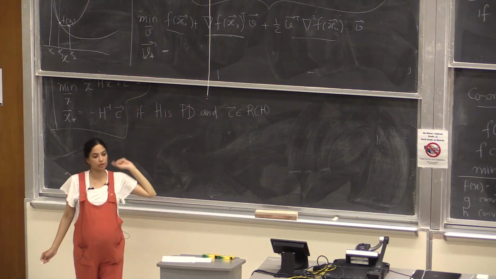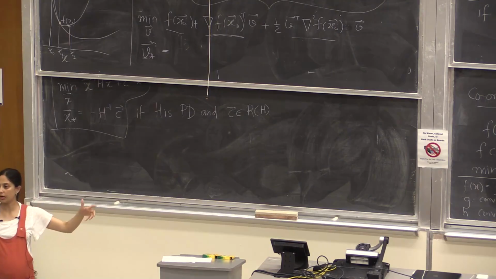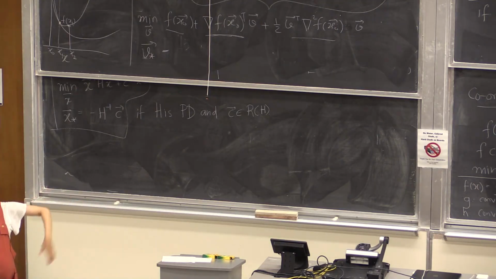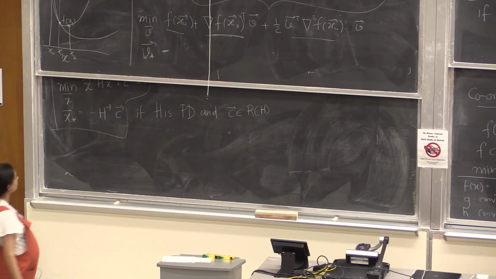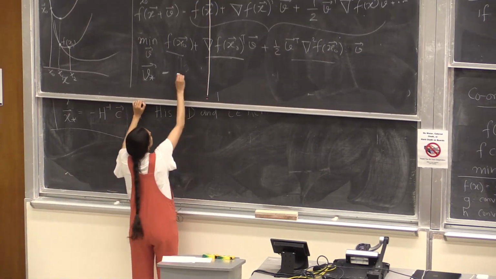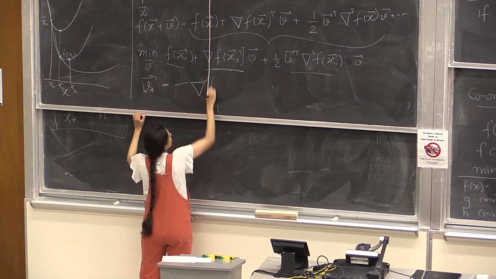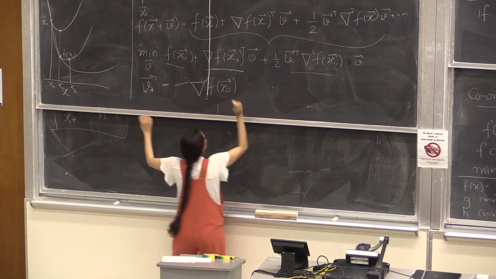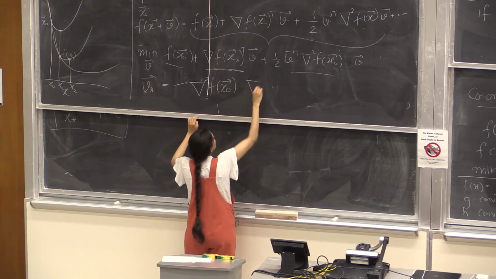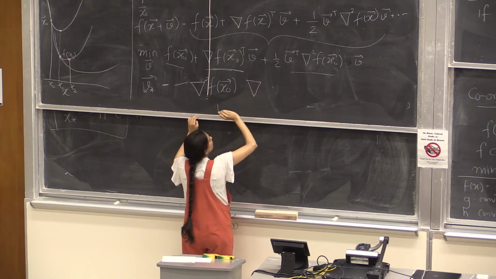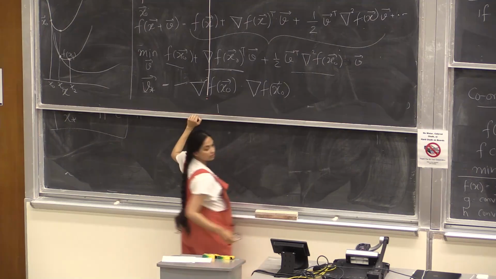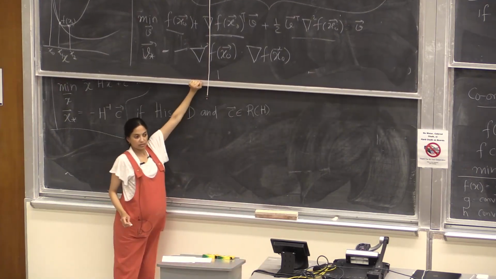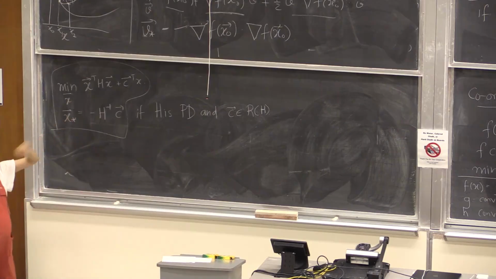I'm now minimizing this function here. Is this an unconstrained quadratic? Assume your Hessian is positive definite, right? If your Hessian is positive definite, then V star is minus the Hessian of f of x naught times, what is your C vector now? Right?